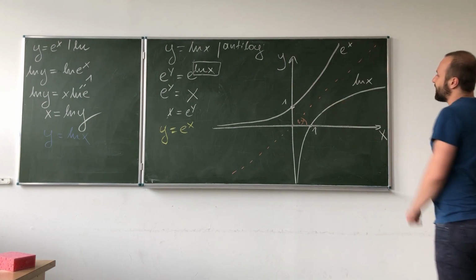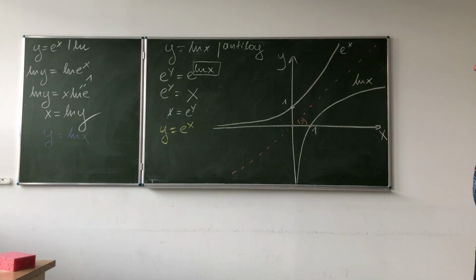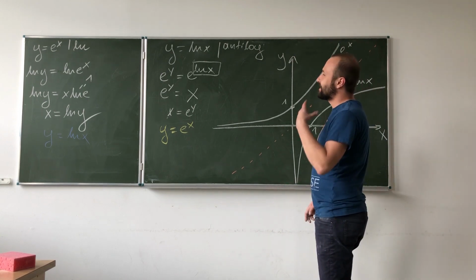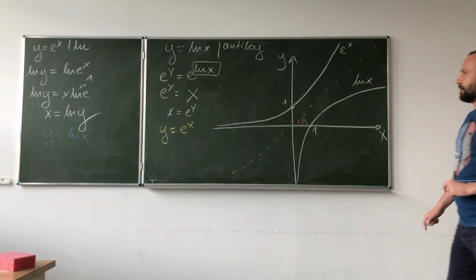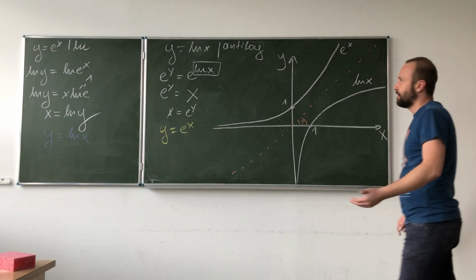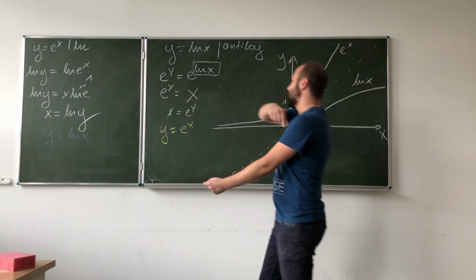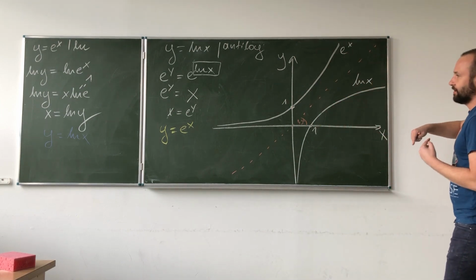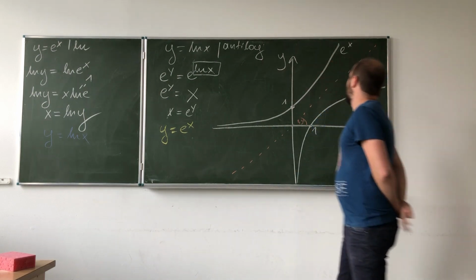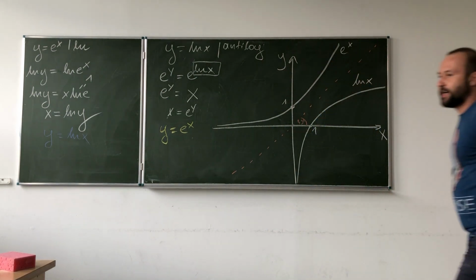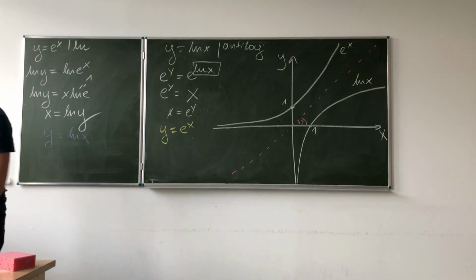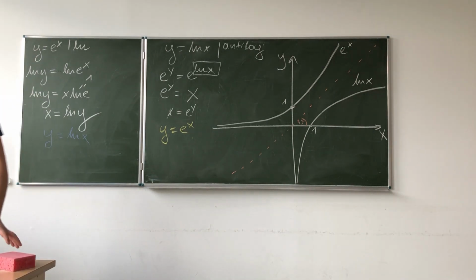So, they are mirror reflections with respect to the 45-degree line, and we can obtain the other function simply by solving for x or for y, solving for x, and then changing the notation. And basically, this is the connection we've got between those two functions.